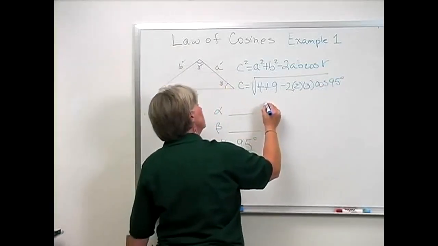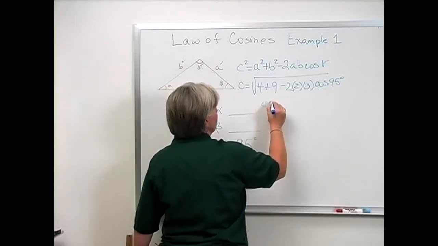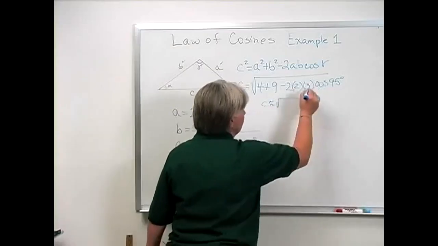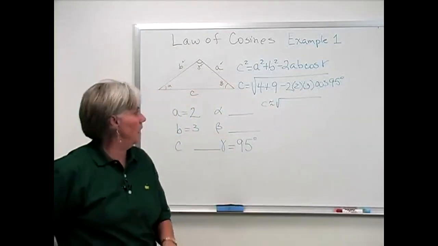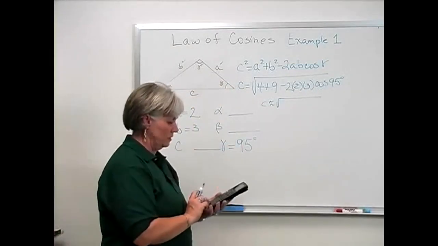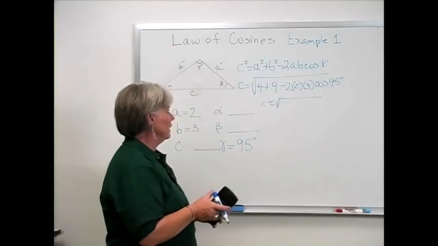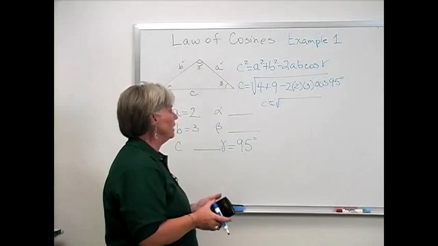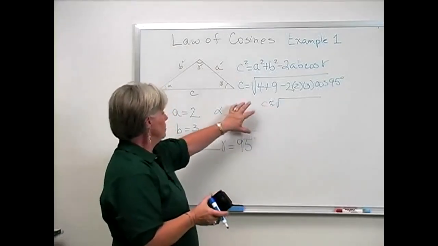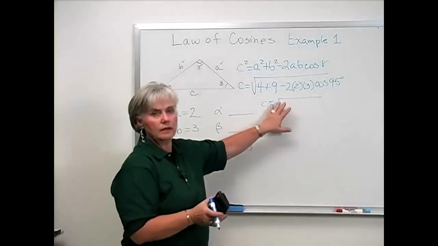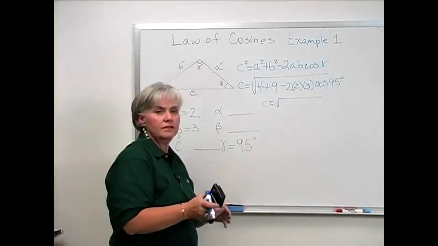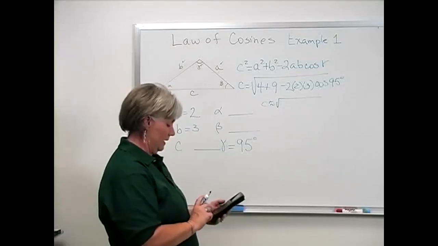So C is approximately equal to, all right, we're going to find what this number is. Now, the reason I'm not going to put a decimal approximation just yet is because you want to use as little approximation as possible. So we're going to go ahead and find that.